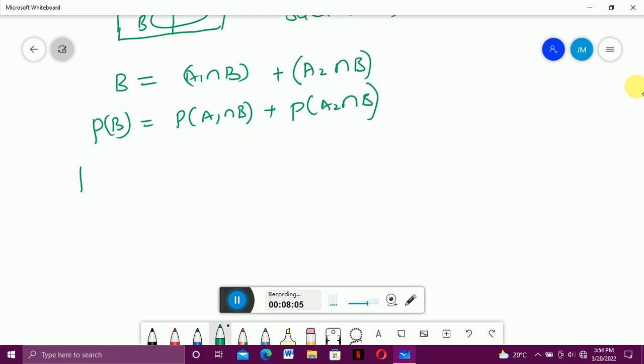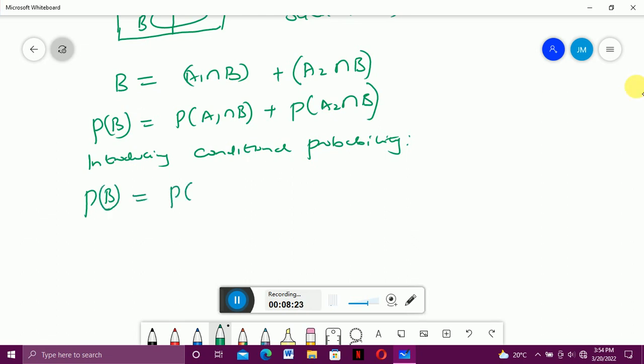So introducing conditional probability, we have probability of B is equal to probability of A1 times probability of B given A1 plus probability of A2 times probability of B given A2.